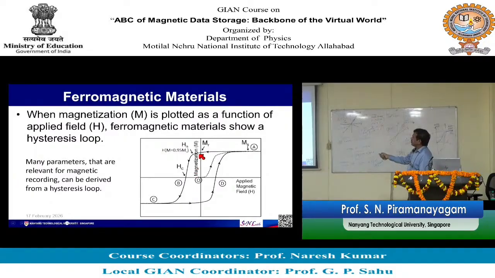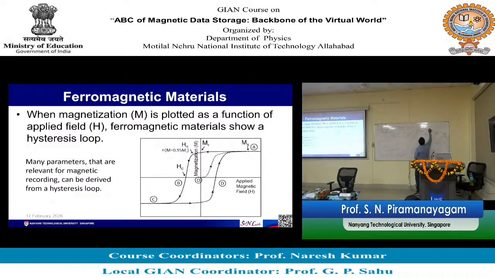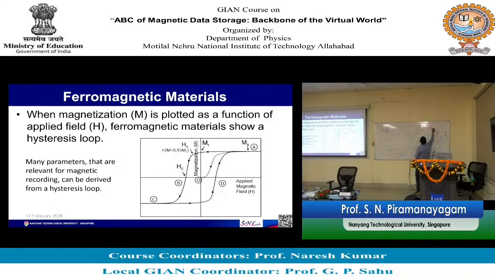This is called remnant magnetization. MS is saturation magnetization, and MR is remnant magnetization.